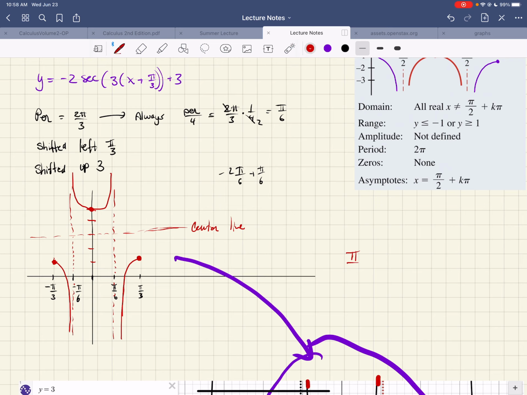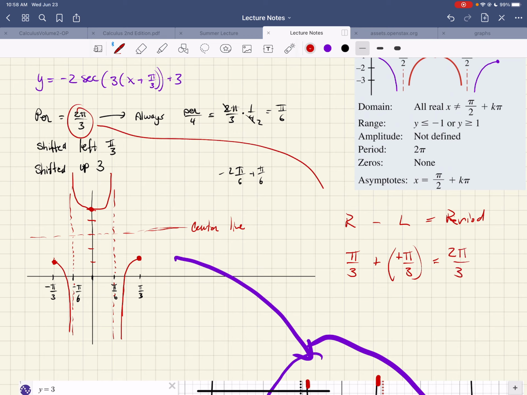One cool thing, and I mentioned this in class, I'll show you on this one. We can go back and look at the other ones. If you take the right side minus the left side, it should equal what the period is. And so the right side is pi over 3 minus the left side, which is negative pi over 3. That makes you add, you get 2 pi over 3. And that is exactly what the period was.